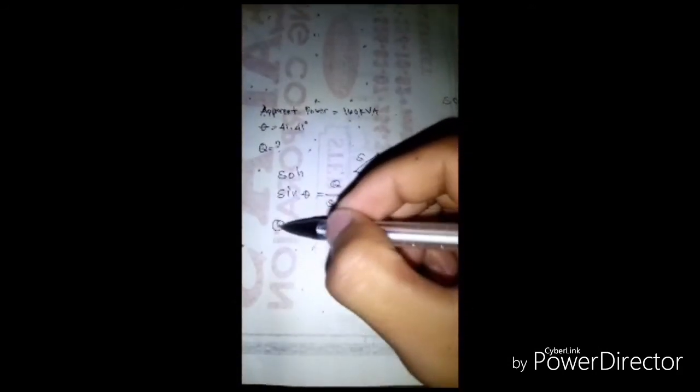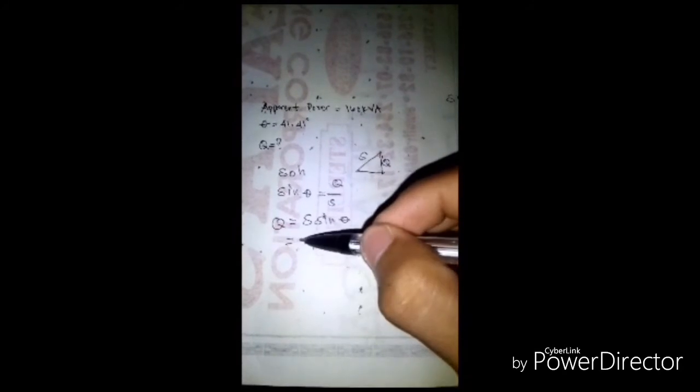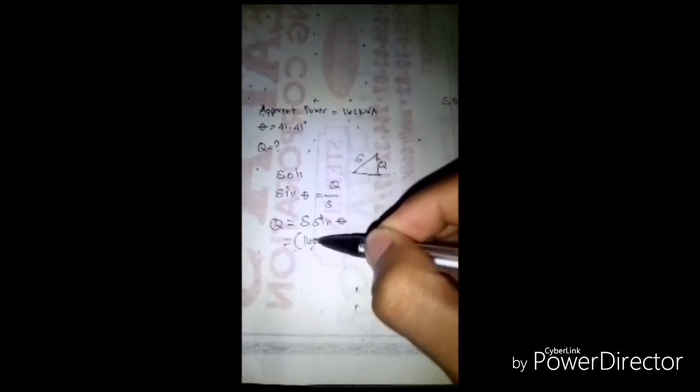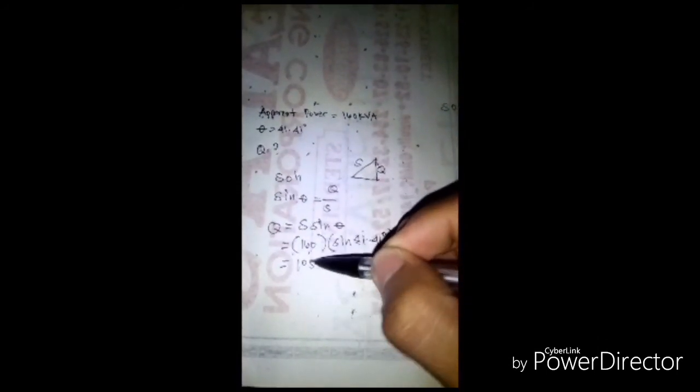In this formula, we can identify that Q is equal to S sine theta, and we simply substitute the value of S, 160 kVA, and the phase angle that we solved lately, which is 41.41 degrees, and it is now equal to 105.83 kVAR, or kilovolt-amperes reactive.